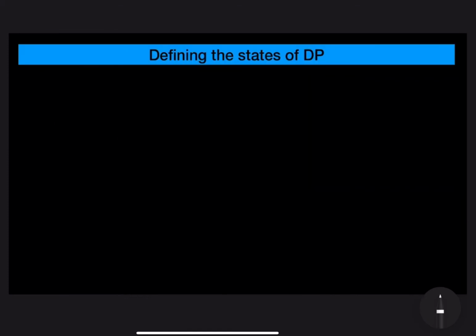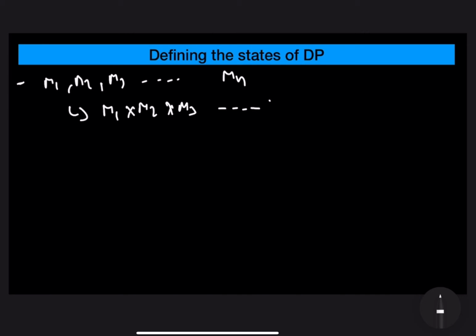In order to solve this problem, we will use dynamic programming. Whenever we are trying to solve a dynamic programming problem, we divide the problem into 3 different subproblems. The first subproblem is defining the states of the DP. Let's say that we are given n matrices in total, that is M1, M2, M3 and so on up to Mn, and we are required to find the product M1 cross M2 cross M3 up to Mn.